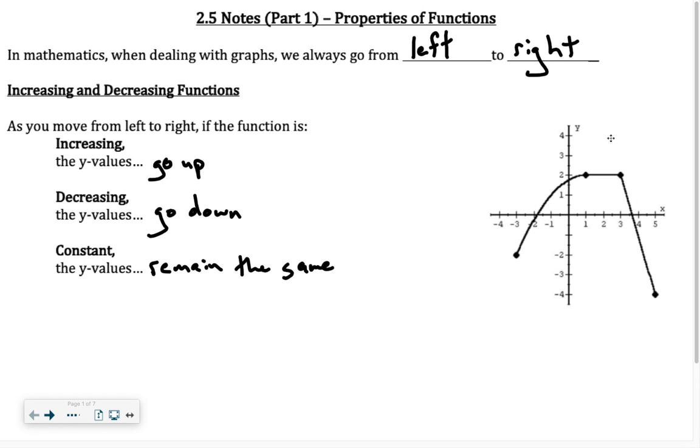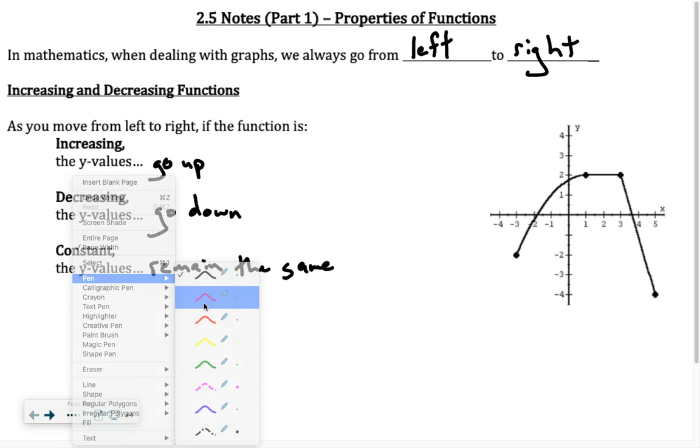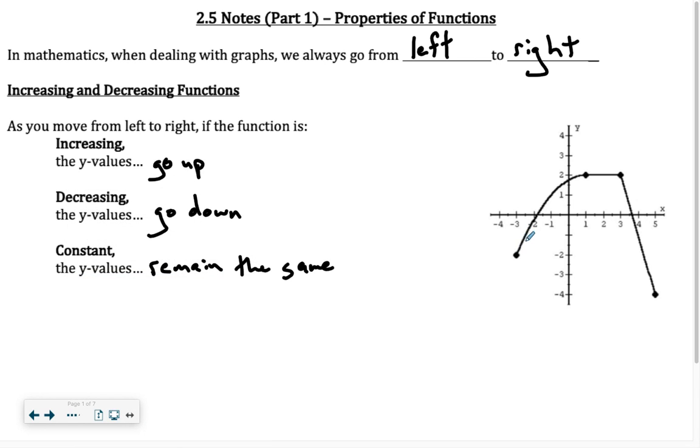Okay, so let's take a look at this example over here and describe the intervals on which the function is increasing, decreasing, and constant. Okay, so the first portion of this graph starts here and is increasing all the way up to here.